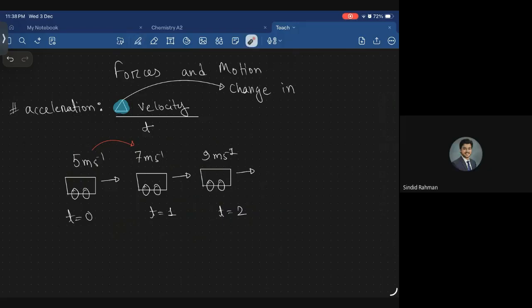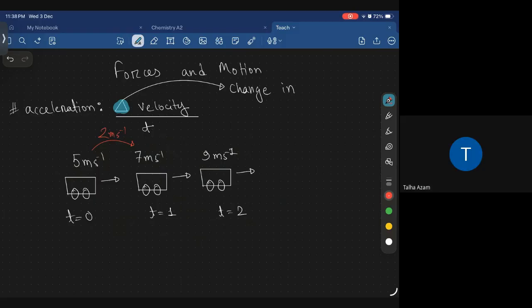What's the difference between these two speeds? Can you tell me? It's 7 minus 5, which is 2 meters per second, the difference.